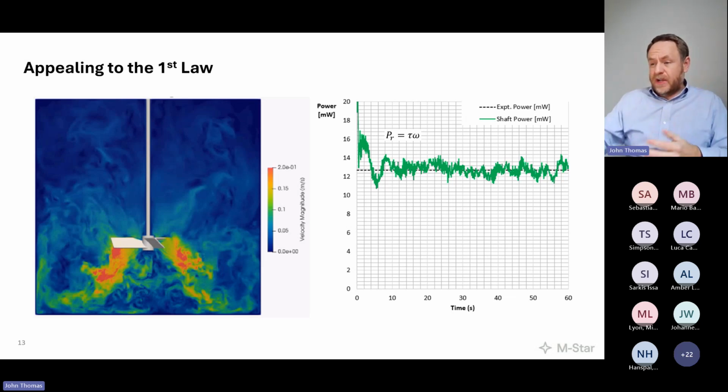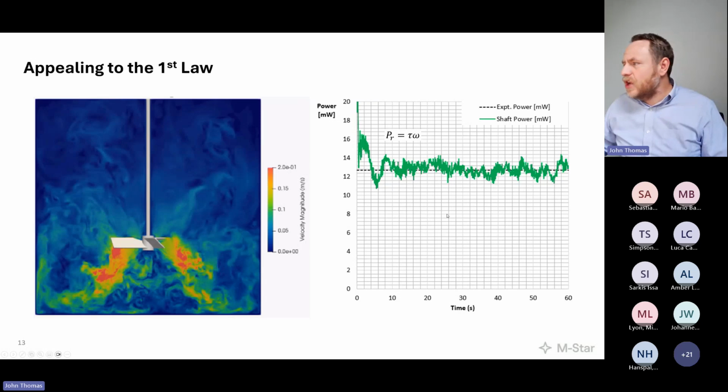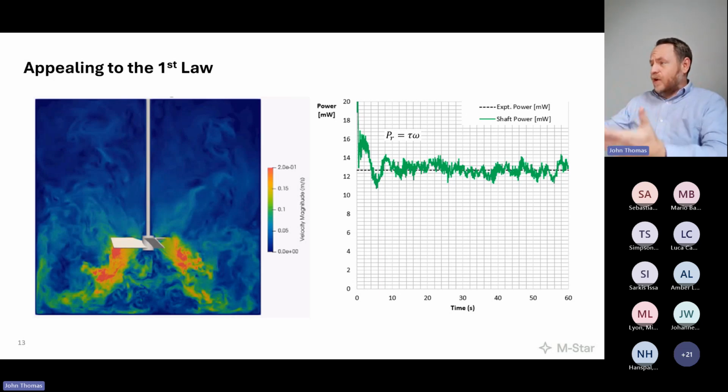Maybe it's 1.4 for this configuration, maybe it's 1.25, but at the end of the day, we'll say 1.3. So we know what the expected power should be for this particular configuration. And lo and behold, we see that the code can correctly predict the amount of power going into the system by calculating the torque on the impeller as it spins through the fluid.